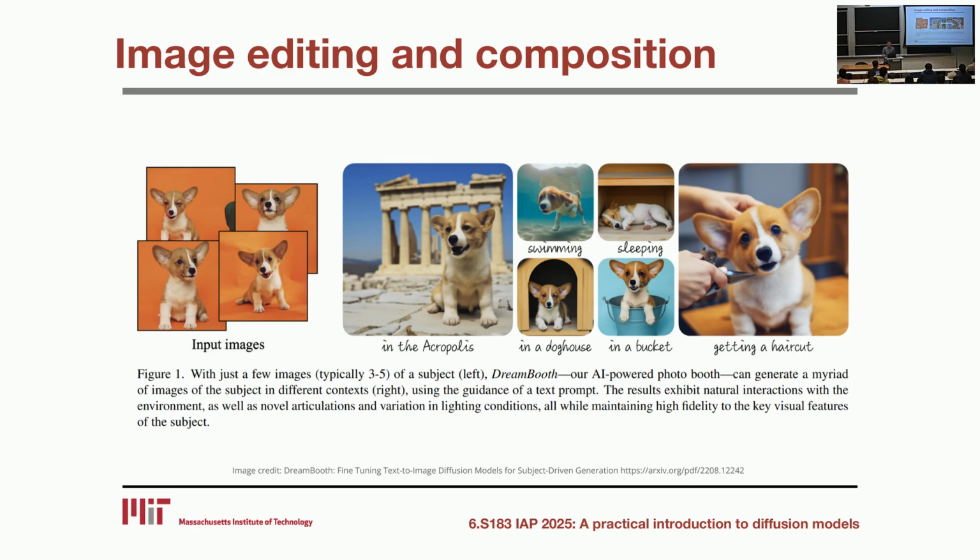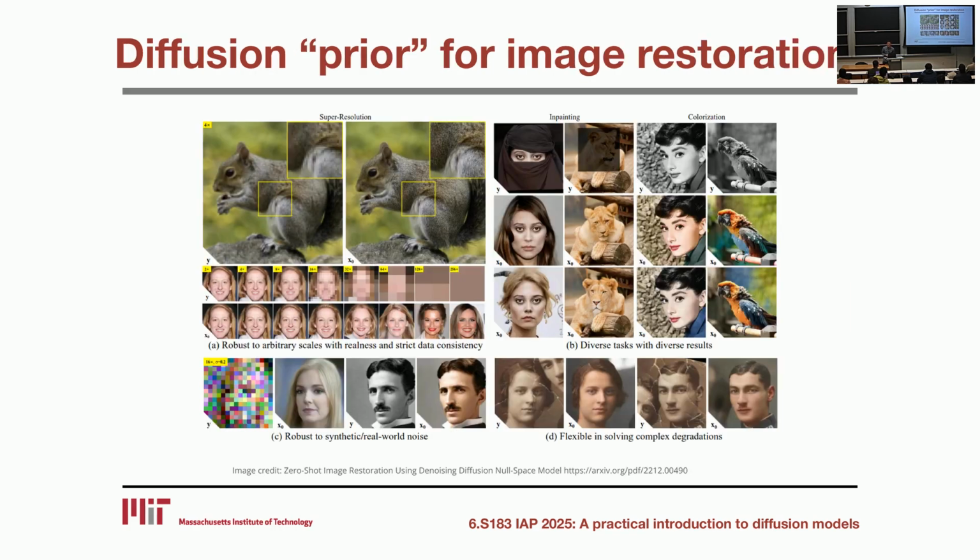Going beyond image editing and composition, people have also used diffusion as a prior for certain image restoration tasks, such as super resolution, where you want to turn a very low resolution image to a high resolution one. And inpainting, where you blur out or block out parts of images and ask the diffusion model to fill in these parts.